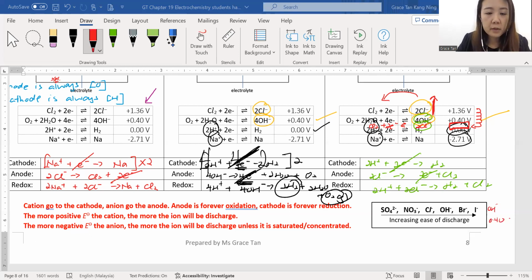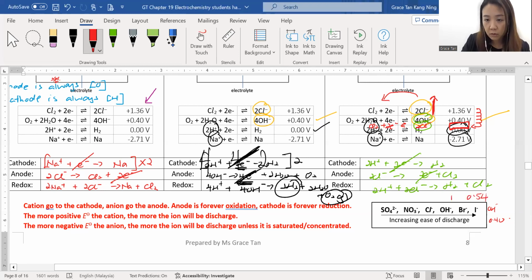Just extract the data for you. Okay, bromine, bromide 1.07, iodine 0.54. So let me just write on the screen. This would be 0.54. And bromine, bromide is 1.07, positive.